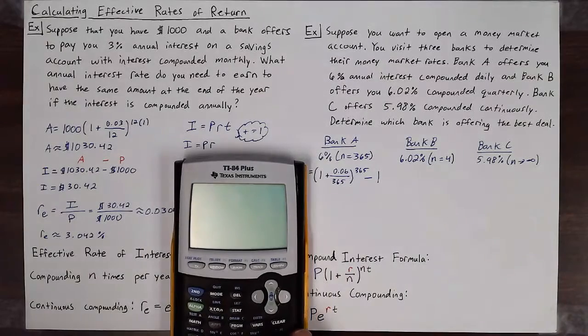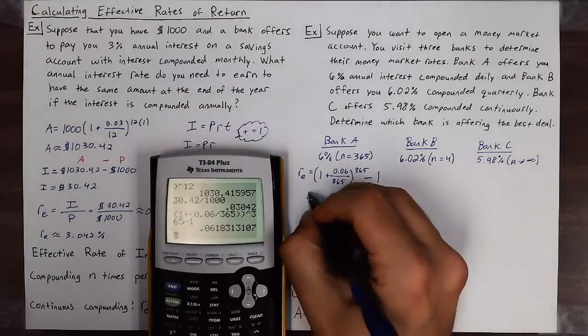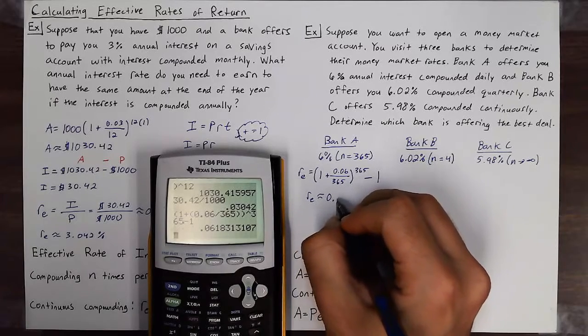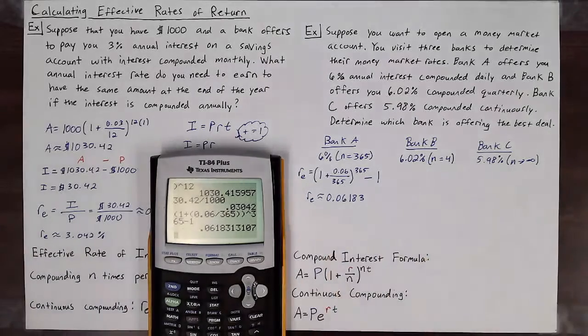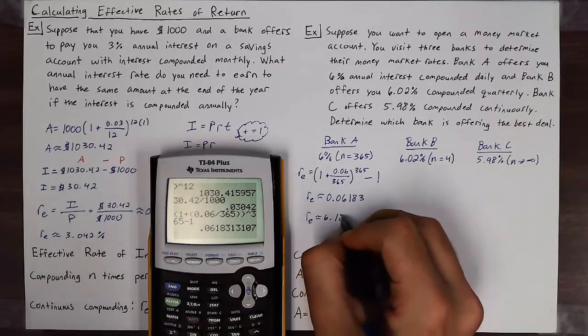So parentheses 1 plus 0.06 divided by 365, all raised to the 365th power, and then minus 1. And that gives me the effective rate of interest to be approximately 0.06183, which can be written as 6.183%.